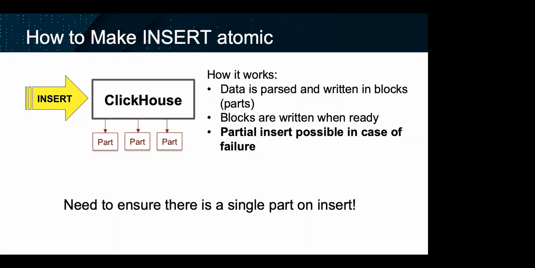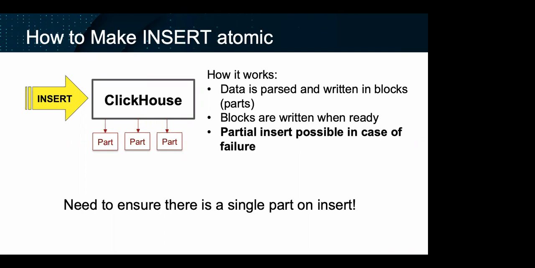So let's start again with a single table. Consider we have an insert to a single ClickHouse server, and as I explained earlier, the data is parsed and written in blocks, parts, and it's interesting that those blocks are written as soon as they are ready. So if, for example, we have an insert of 10 million rows, then ClickHouse would split it into 9 or 10 parts automatically, and I will explain in a bit why.